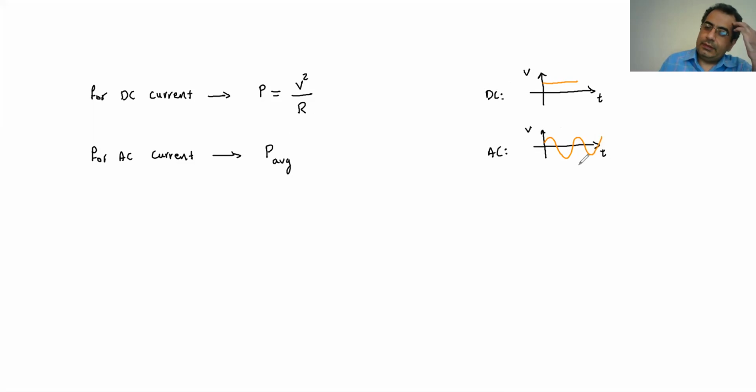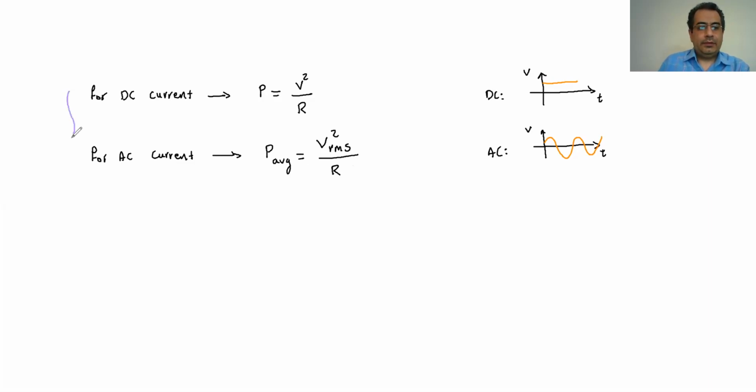Now that V is changing over time, instead of using the V, which is constant here, we use the RMS value of that V to calculate the P. The P value it gives us is the average P, because the voltage keeps going up, then goes down and becomes zero, then decreases and increases. So P is actually changing over time, but the average value is going to be equal to the RMS value here.